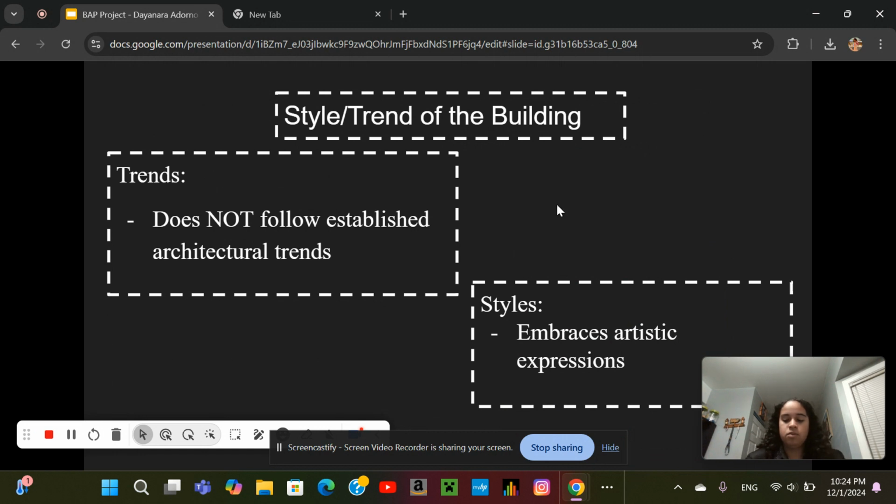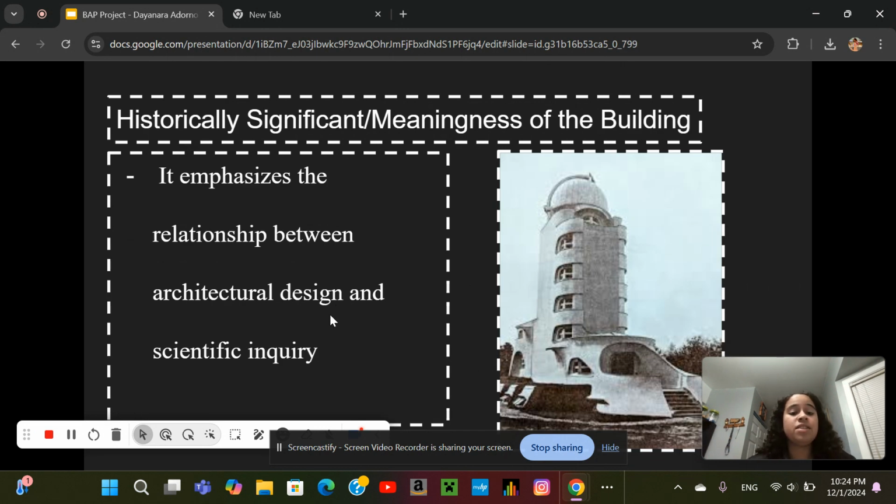So the historical significance of the building emphasizes the relationship between architectural design and scientific inquiry. It symbolizes the collaboration between art and science in the early 20th century. It represents a period when architecture was influenced by scientific advances and philosophical shifts, marking a significant cultural moment. The building continues to inspire discussions about the role of architecture in communicating complex scientific ideas.